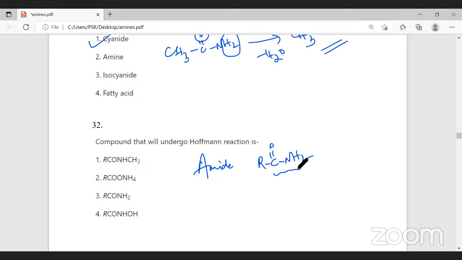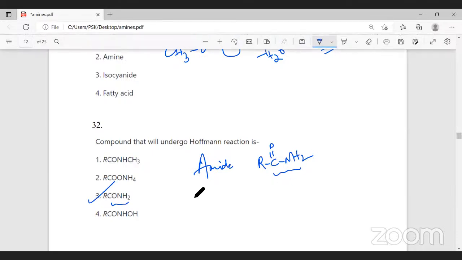Amide is a molecule which contains the CONH2 group as a functional group. Hence, option 3 has the CONH2 group, so this will undergo Hoffmann's bromamide reaction. Hoffmann's bromamide reaction is conversion of an amide into an amine by reacting with bromine and potassium hydroxide solution.